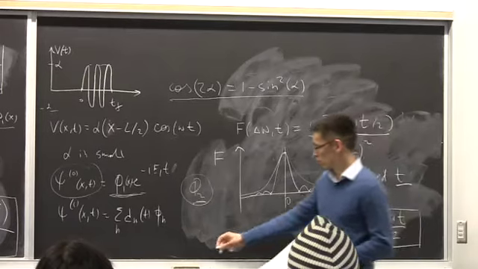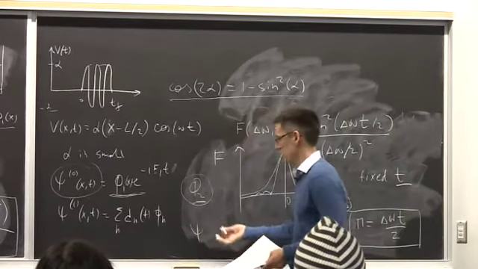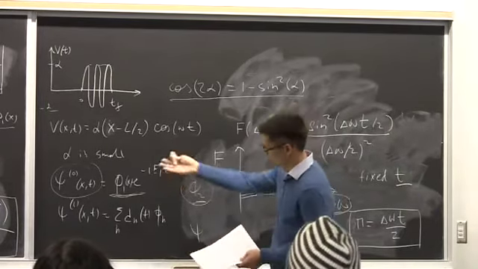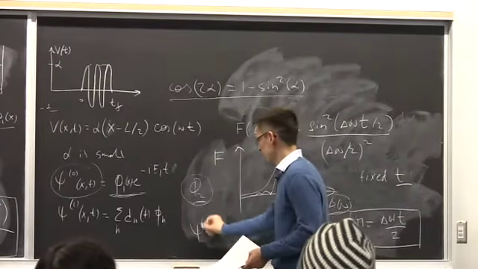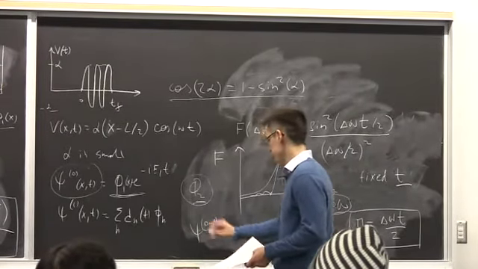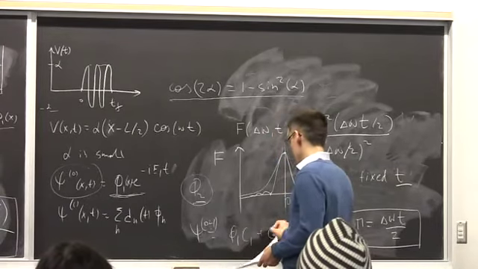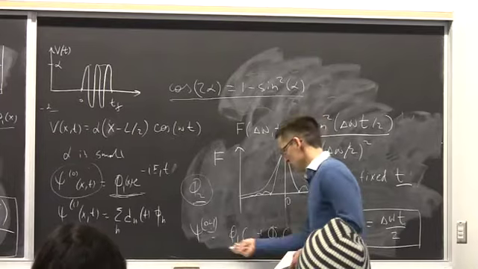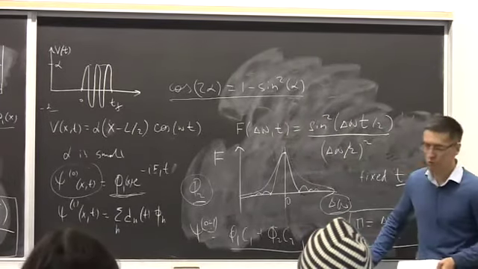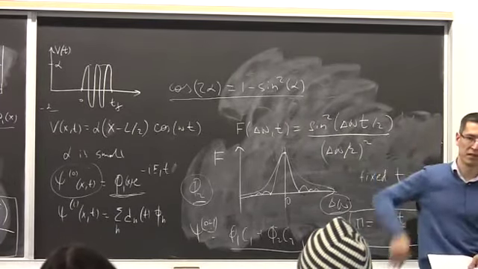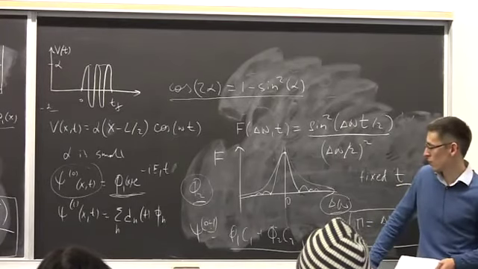And so your total wave function in the 0 and first order will be phi 1 with some coefficient plus phi 2 with some coefficient. And this superposition, of course, will be evolving, oscillating between the two, phi 1 and phi 2.